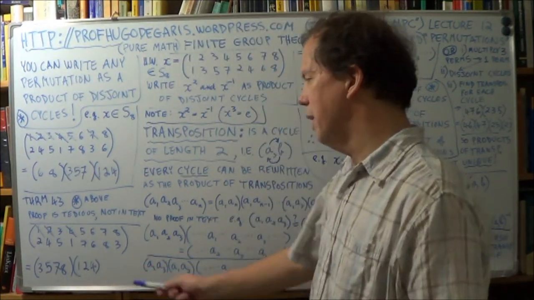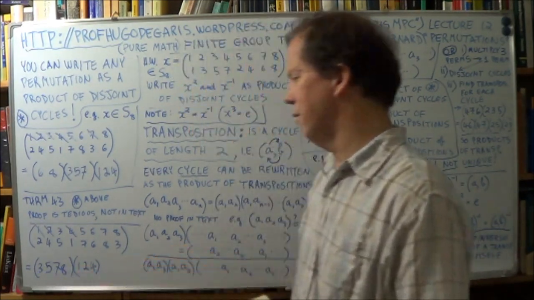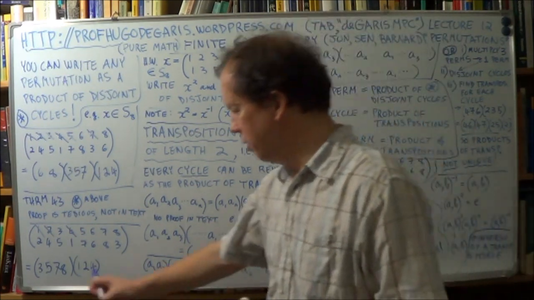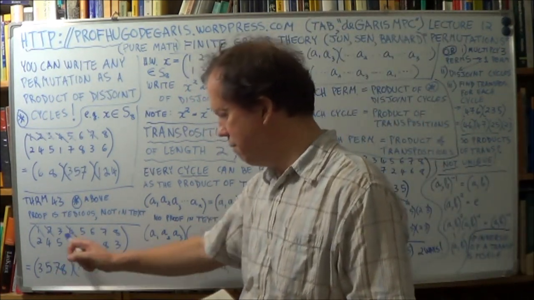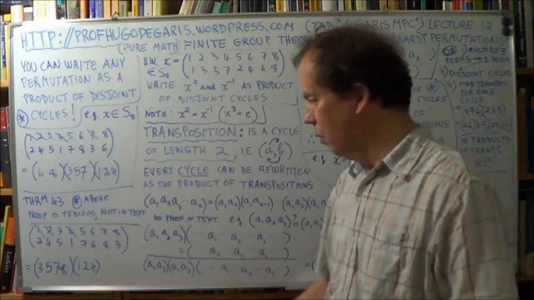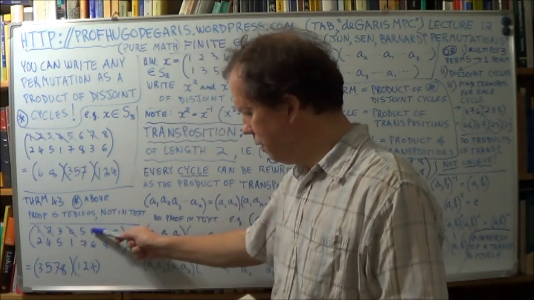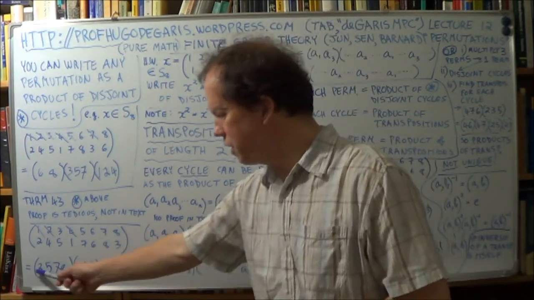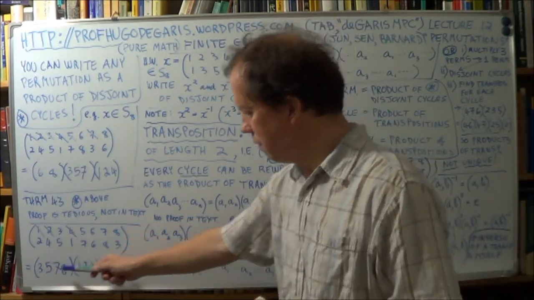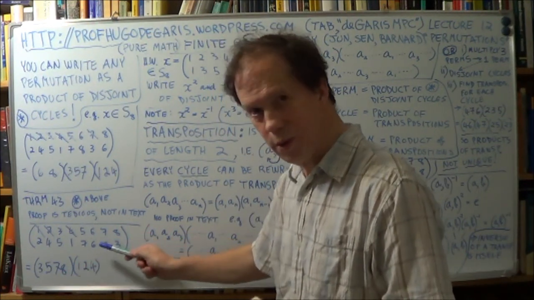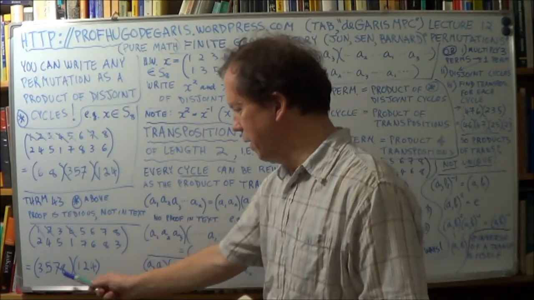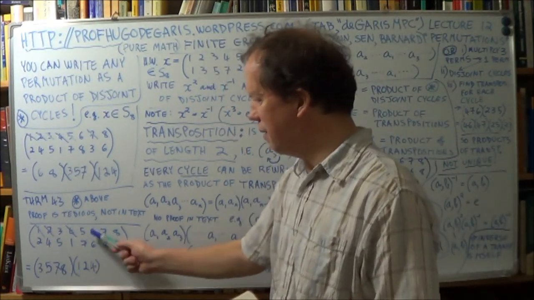When you see this kind of thing, a product of cycles, and you notice one or more of the members of your objects is missing, like the 6, what that means is that it maps to itself. So if you're expanding this out and there's no mention of 6, you just map it to itself. That's the convention. So pay attention to missing terms.